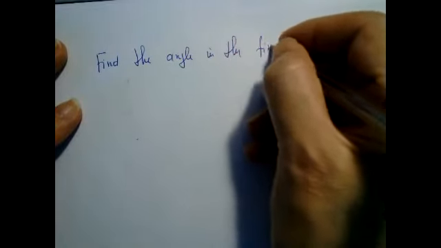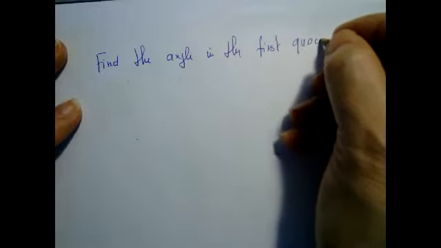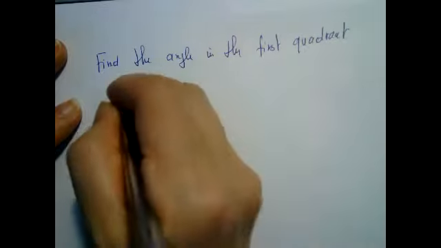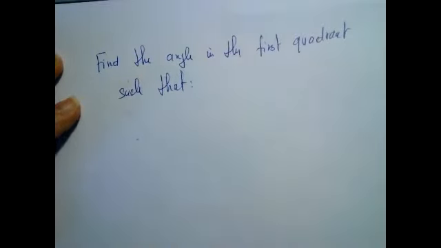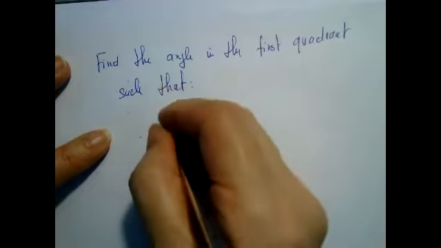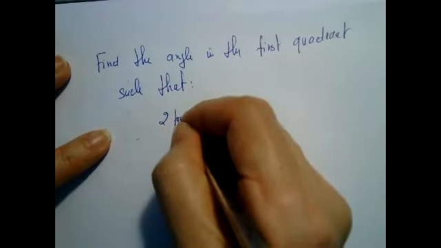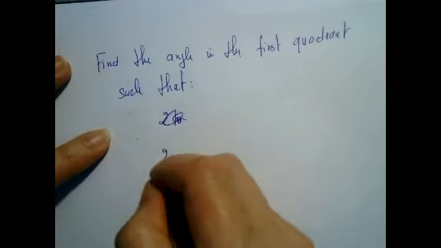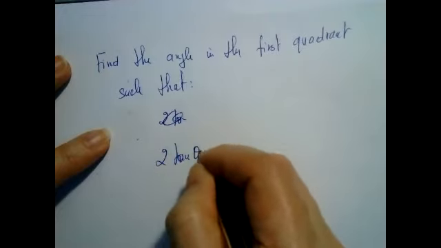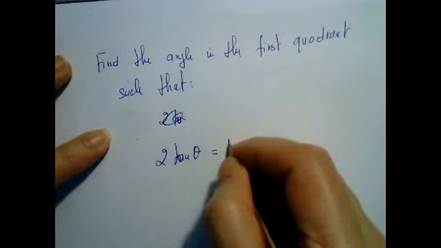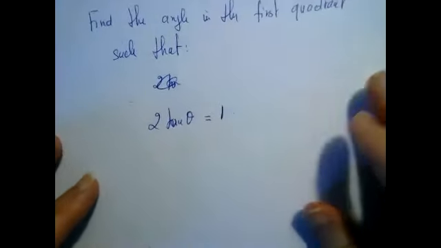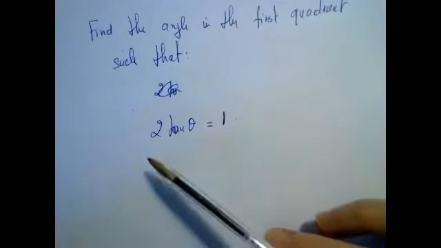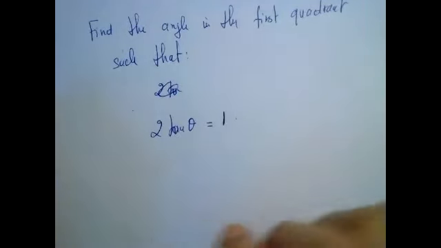So I'm gonna make it simple for us now, such that 2 tangent theta equals 1. Okay, I made it a little bit easy and a little bit hard at the same time. So I want an angle such that 2 times the tangent equals 1. Right, how can I solve this problem?